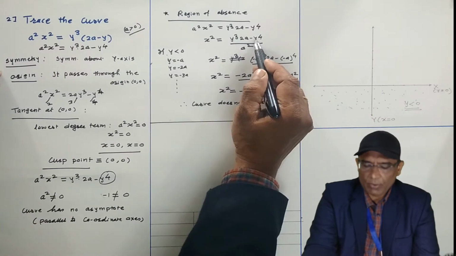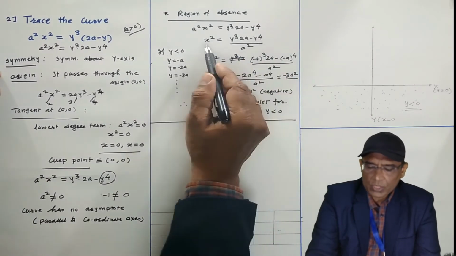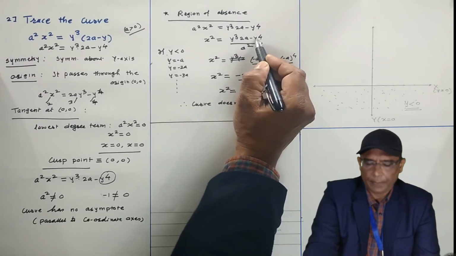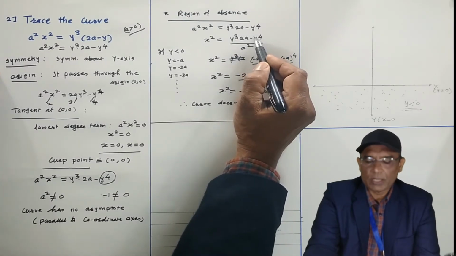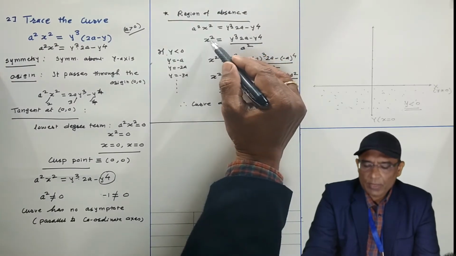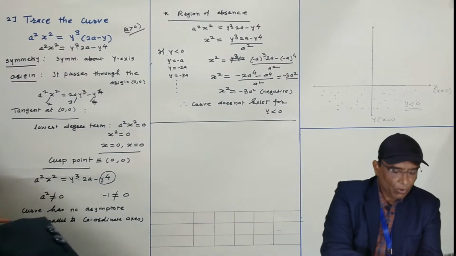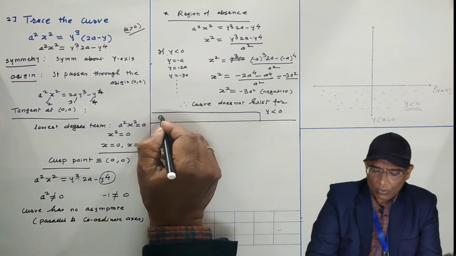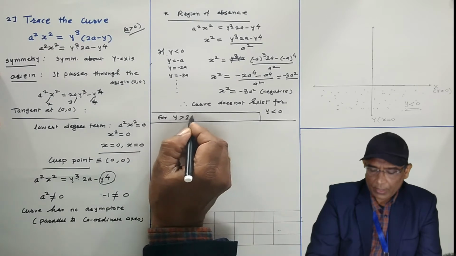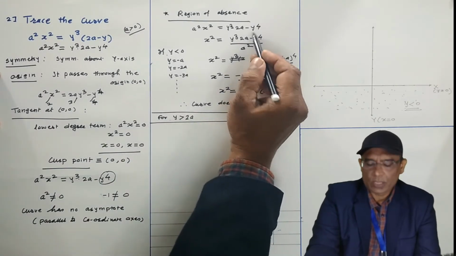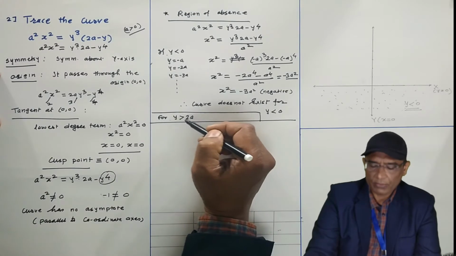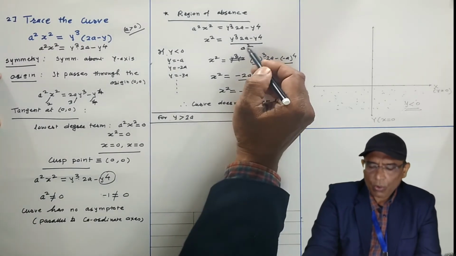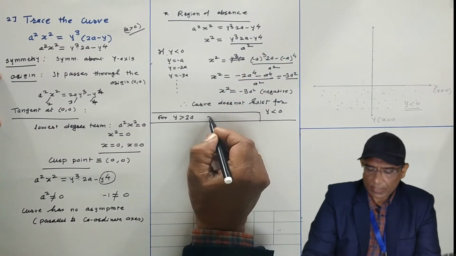For any other values of y, x² is negative. If you look at this very carefully, if you put y = 3a, 5a, 6a, 7a, then x² will be negative. So for y greater than 2a, you can substitute y = 2.5a, 4a, 5a, because for all these values of y, x² is negative.